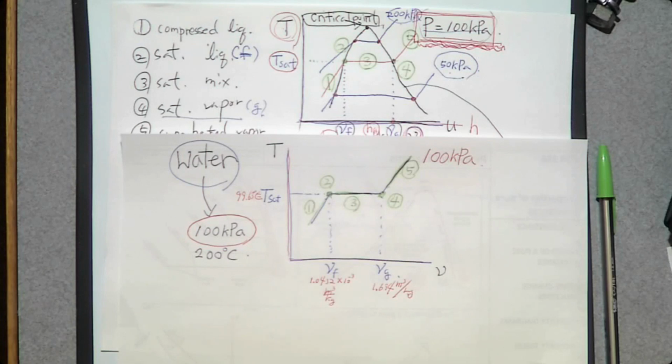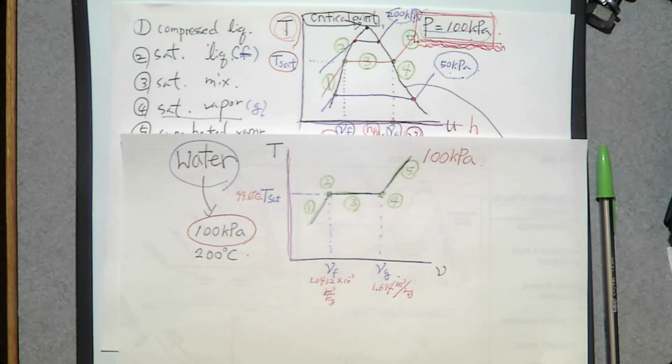So now, how can we locate our system on this line? We have 2 property values available. We use the first one to make this property diagram. It's time to look at the other property that we know. What is the other property? Temperature. Temperature is 200 degrees Celsius. So where is temperature on this TV diagram? This vertical axis is temperature.